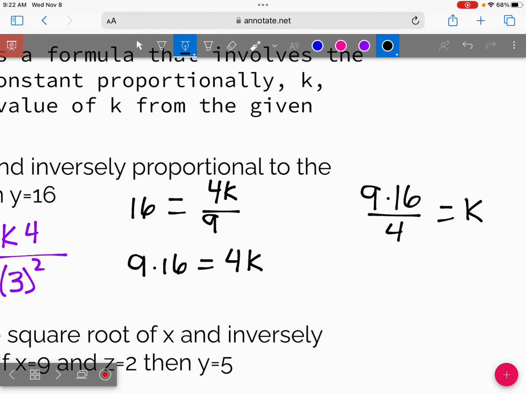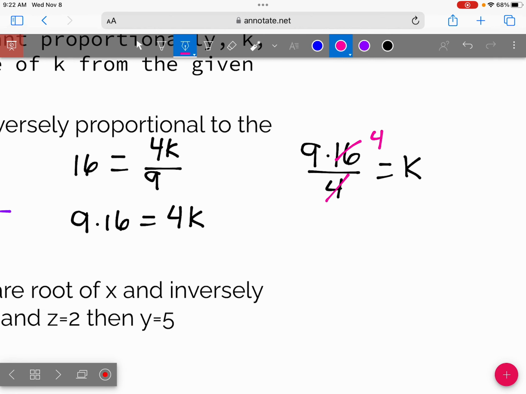So what simplifies here? The 16 I can divide by 4, and it's going to cancel out with there. So we don't necessarily have to do the full multiplication of 9 times 16 and then divide it by 4, especially since we don't get to use calculators, that calculation is annoying. So what we really need is 9 times 4, and that one we probably know. 9 times 4, 36.